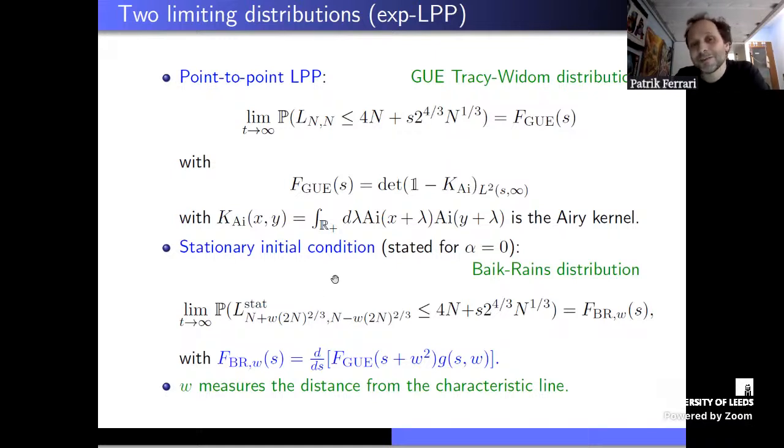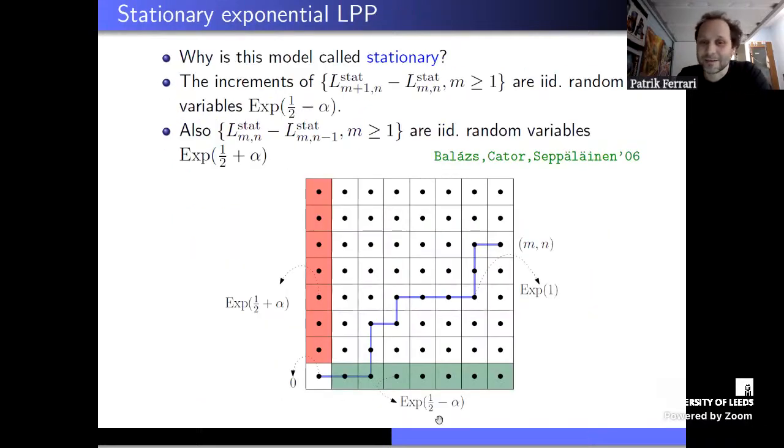And the second limit that I want to mention is the stationary initial condition, which corresponds to taking alpha equal to 0. So here we look at a point around the diagonal.